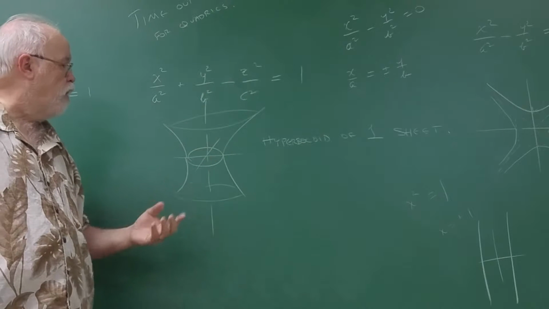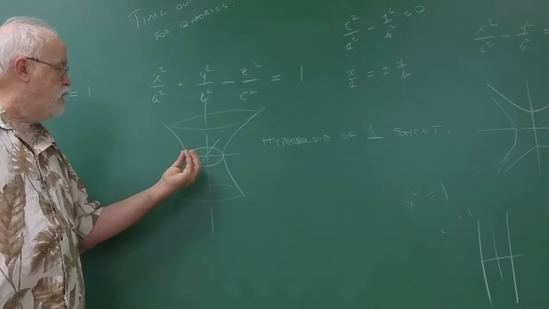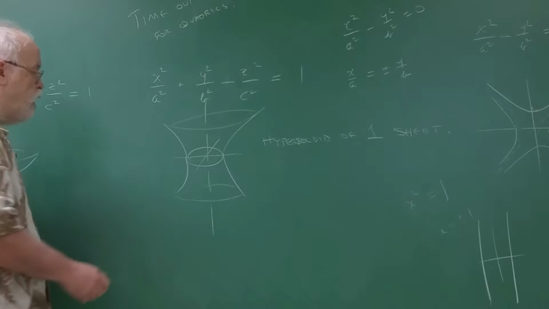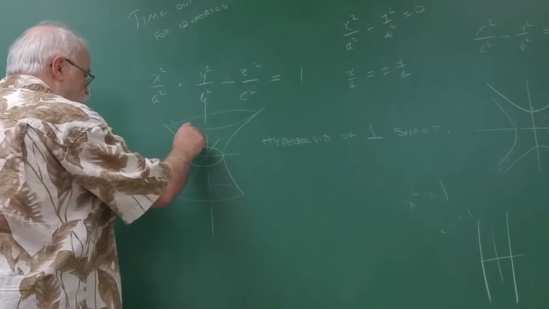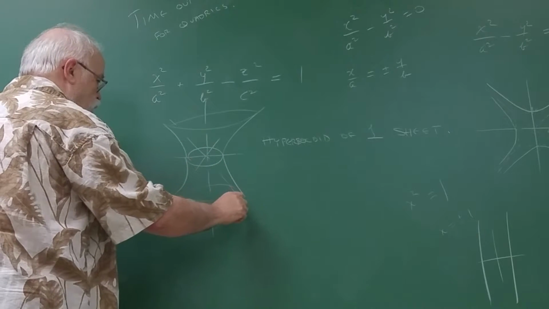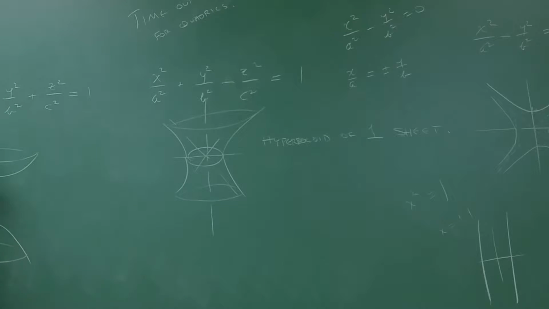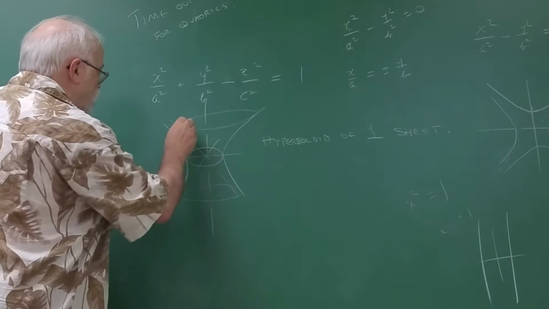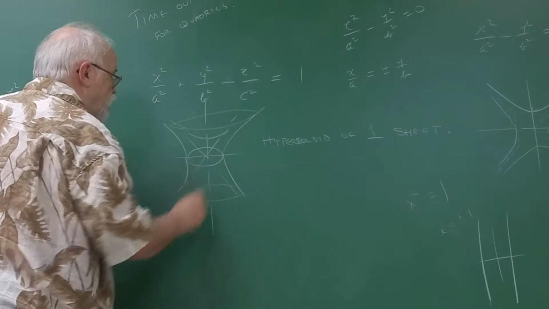But if I make it smaller, then it brings this in. And when I bring it to 0, what kind of figure do I have? Cone. So the asymptotes of a hyperboloid would be a cone. And I can put these inside the cone and have the same kind of thing going on.